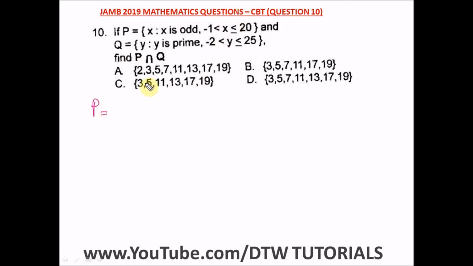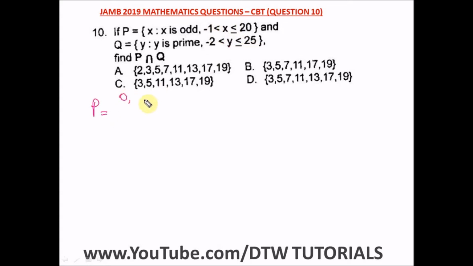So for P, we're looking for odd numbers. Since X is greater than -1, we're not going to start from -1, we're going to start from 0 to 20. Let me just write the numbers.